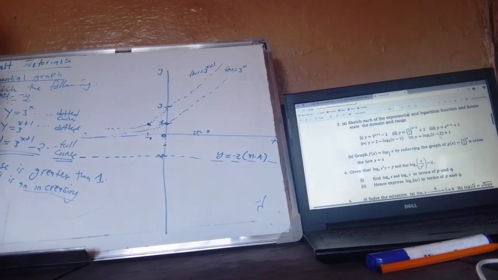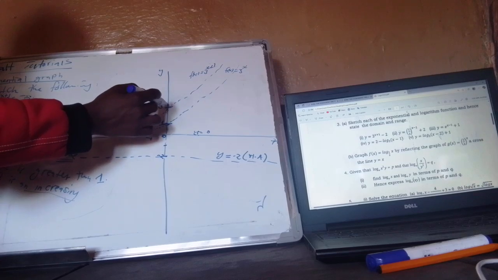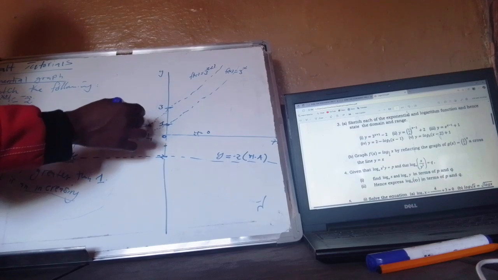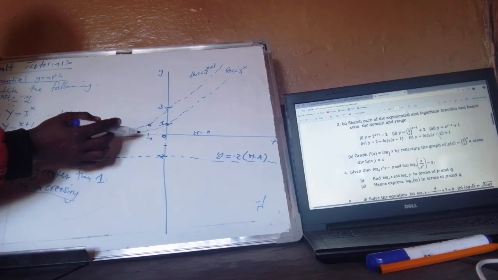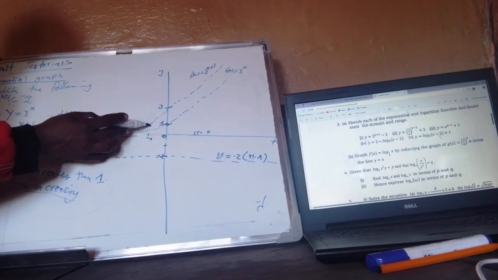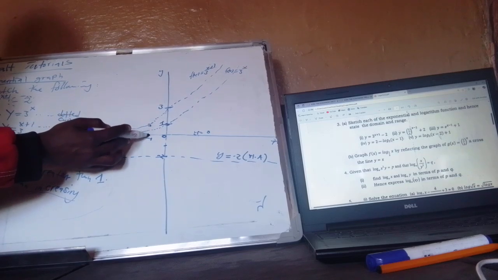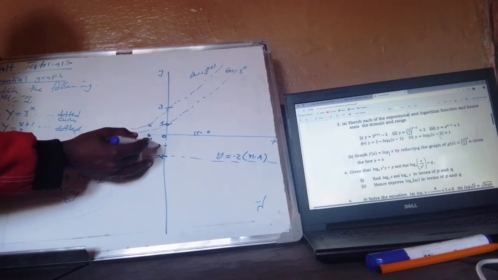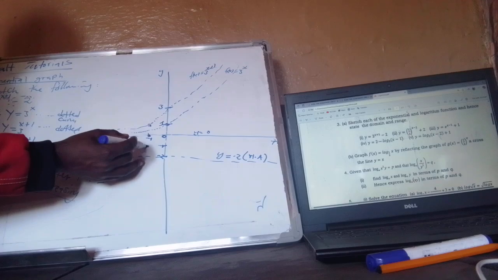Every point, this point was at (-1, 1). It is moving 2 steps as well. So from (-1, 1), it will be (-1, 0). The other step will be (-1, -1). So it is going to pass through this point.